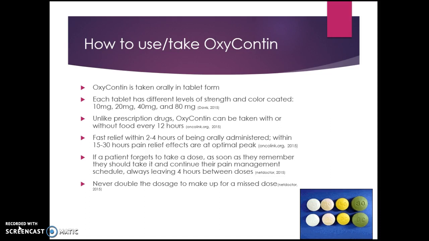Unlike many prescription drugs, OxyContin can be taken with or without food every 12 hours, and it's a fast relief of pain. Within 2 to 4 hours of being orally administered, you should feel pain relief, and within 15 to 30 hours, pain relief effects are at their optimal peak.